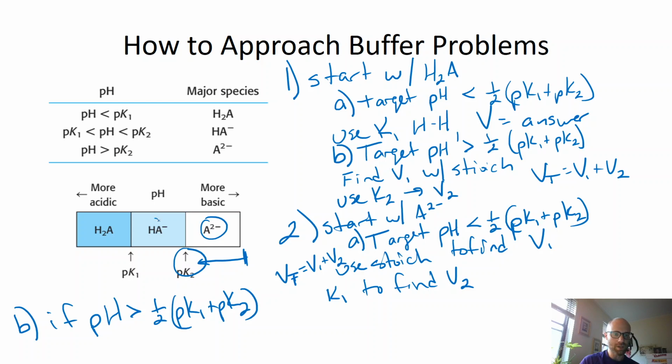So the two species are going to be A- and A2-. Then you're just going to use the K2 Henderson-Hasselbalch, and then V is the answer. So really there's 4 cases, 2 of them that are 2-step problems and 2 of them that are 1-step problems.